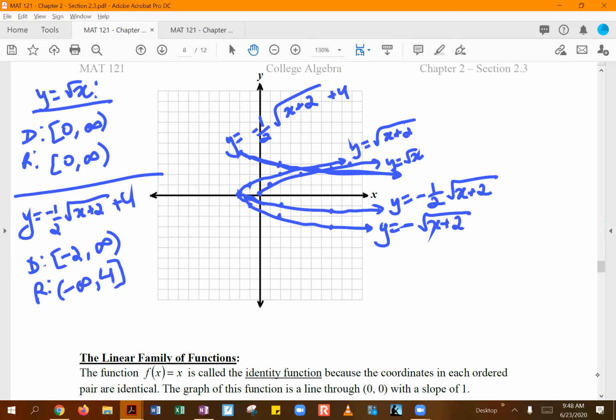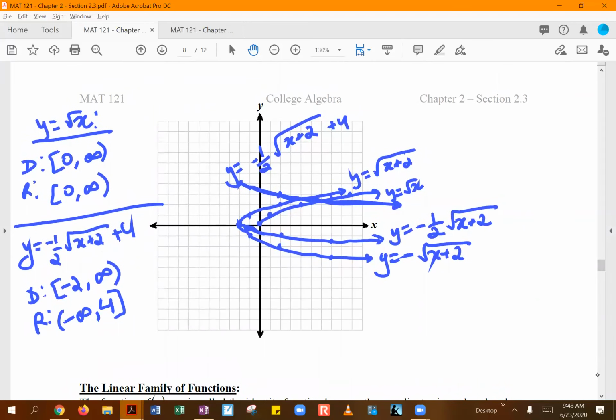And it's no surprise that our domain goes back to -2, which is how many units our graph moved to the left. So that's reflected in the domain. We moved our graph 4 units up, and that's reflected in your range. And also because of that reflection, we are now going from negative infinity to 4. If there had been no reflection, our graph would still be going towards positive infinity, but it's that reflection which ended up moving our graph towards negative infinity instead.